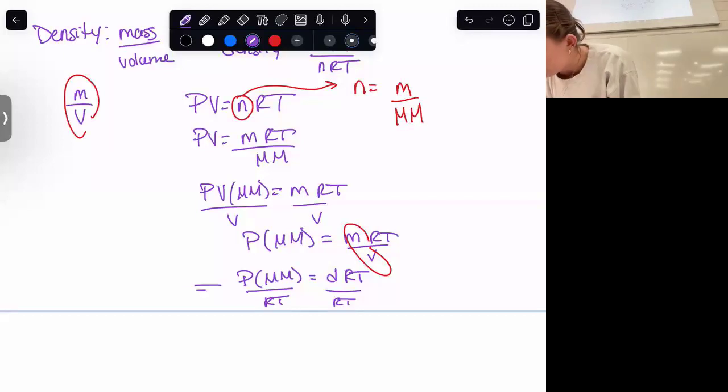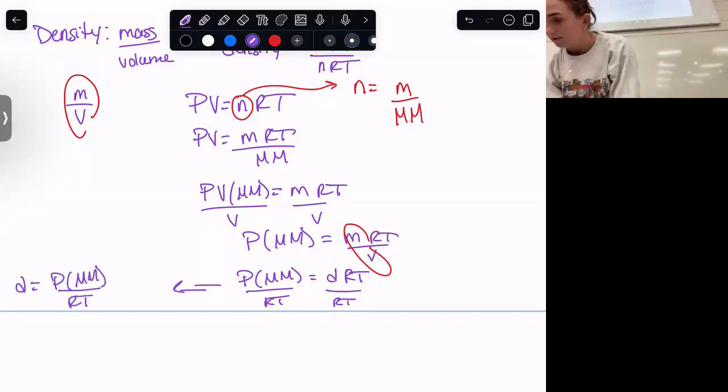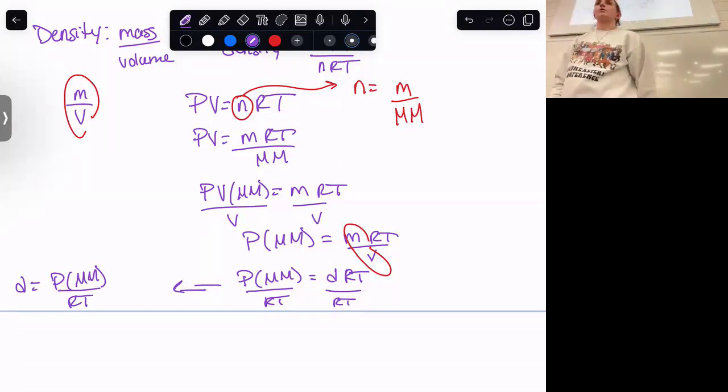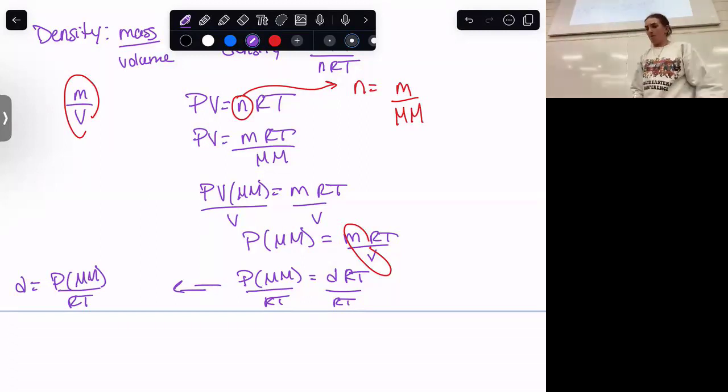So then this turns into either density is equal to pressure times molar mass over RT, or the mass, right, rearrange that initial one that we gave you. But those are the two versions of that one, and that's how you would solve it.